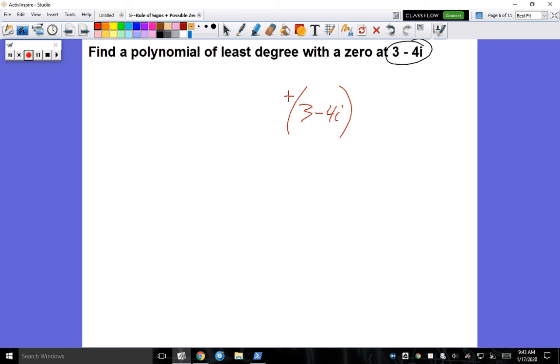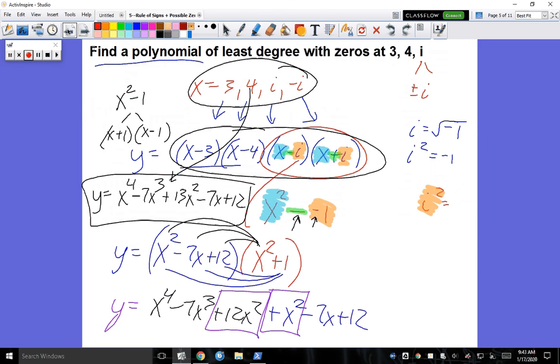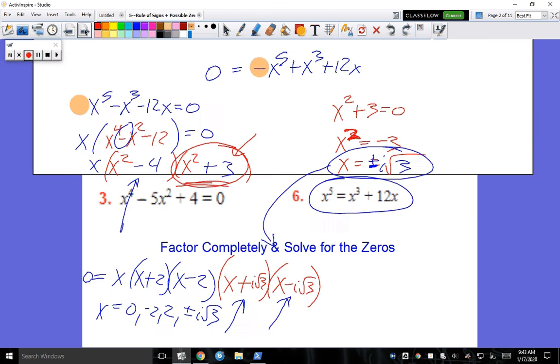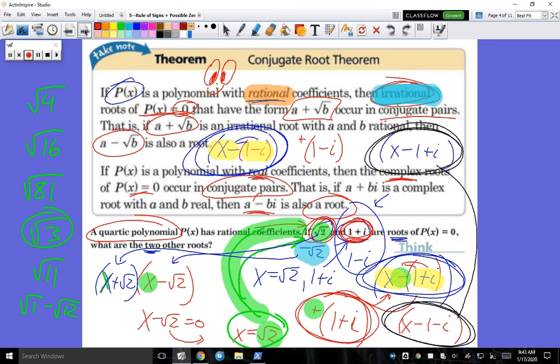And some of you said, well, then the other one would be the negative of that. Okay, but in our notes, I want to make sure that you understand there's an easier way to interpret this. In our notes, whenever we saw imaginary, all you have to do is the positive and the negative.